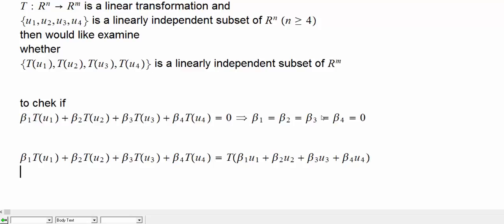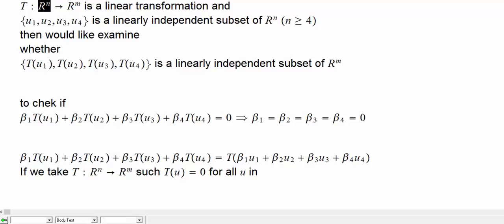And there we can construct a counter example: if we take T such that Tu equals 0 for all u, for all u in Rn, for the sake of precision.